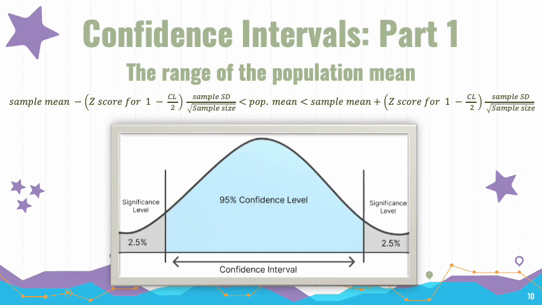To address this, statisticians create boundaries or a range of estimates that they think the population parameter will fall between. These boundaries are created based on how certain the researchers want to be that the population parameter is located within the boundaries.